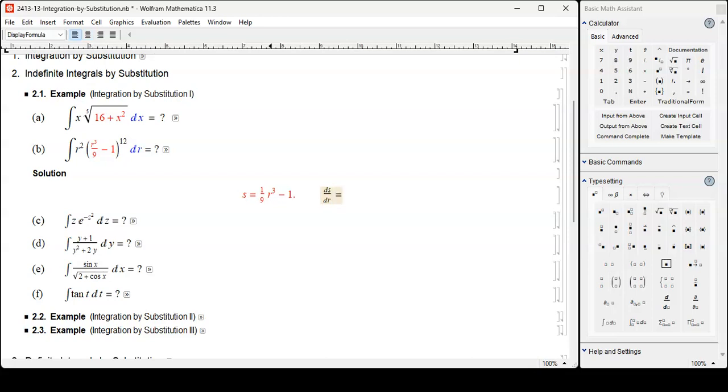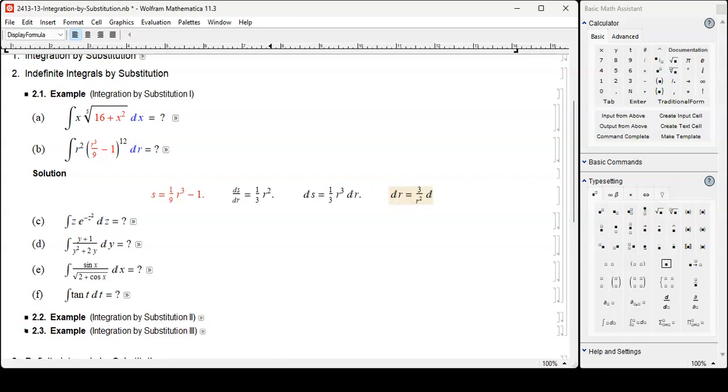The derivative is, let's see, 3 comes out as coefficient, so 1/3 r squared. So ds is 1/3 r squared dr. Therefore, dr is 3 over r squared.